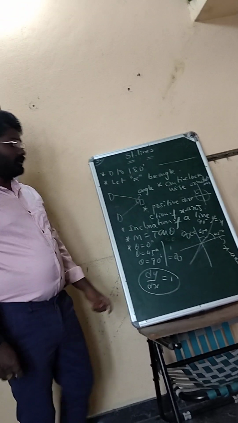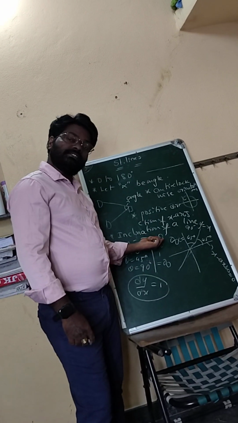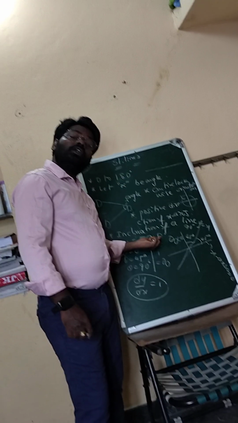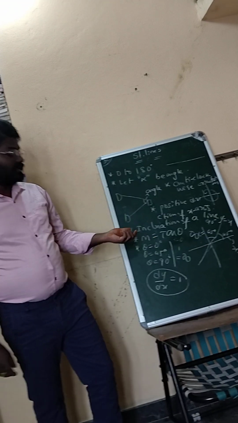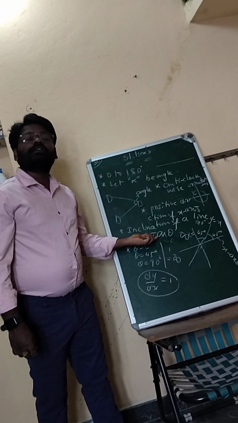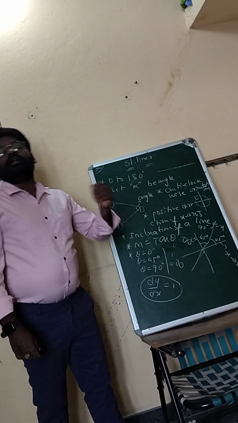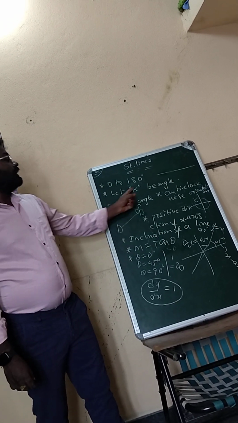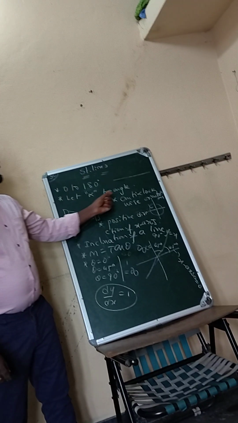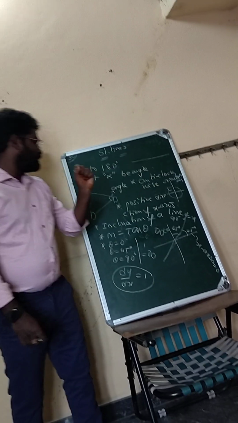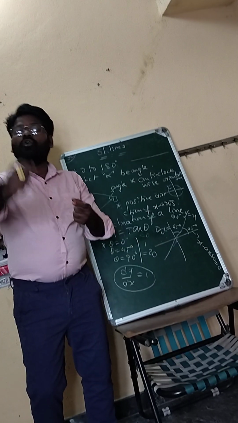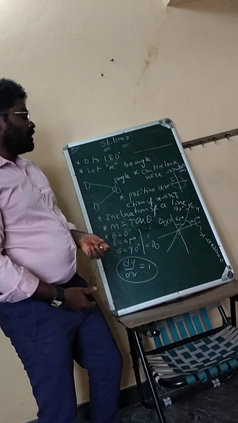Which trigonometric function satisfies these three conditions? Only tan theta. So you are taking only m equal to tan theta. Remember that one: let alpha be an angle, anti-clockwise orientation, positive direction of the x-axis, denoted by m equal to tan theta.